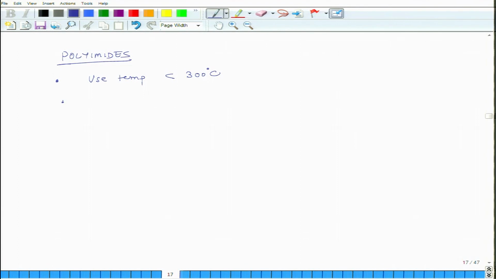They are very inert materials, very less reactive materials. So, resistive to solvents, gases, etc. Very strong and stiff.